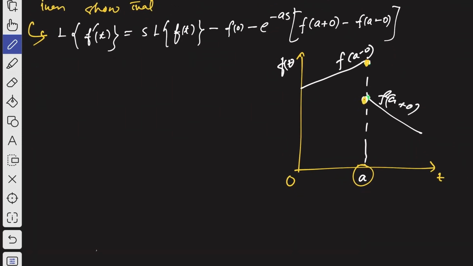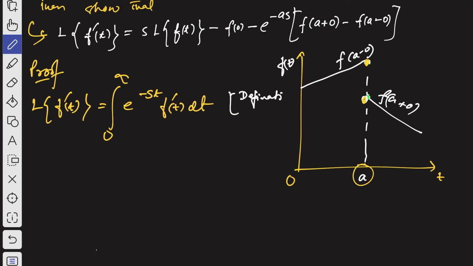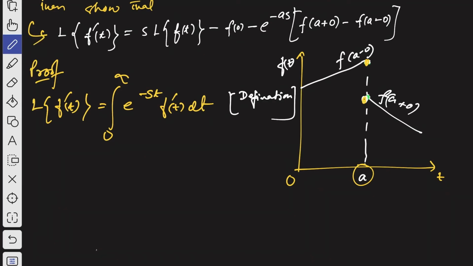Now here, by definition of Laplace transformation, the Laplace transformation of derivative of f of t is equal to 0 to infinity e to the power minus st times derivative of f of t dt. This is by definition. Now here we are going to split this from 0 to a, then a to infinity.